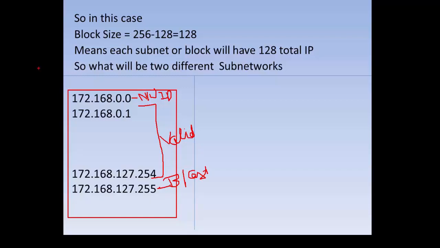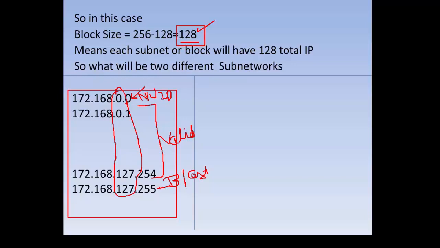I hope you understand. Even though the writing is poor, I hope you are able to understand, because the total number of IPs that can exist in a block is 128, so 0 to 127. Second thing, this change comes into the 3rd octet. The variation comes in the 3rd octet only, because this is the block size of the 3rd octet.